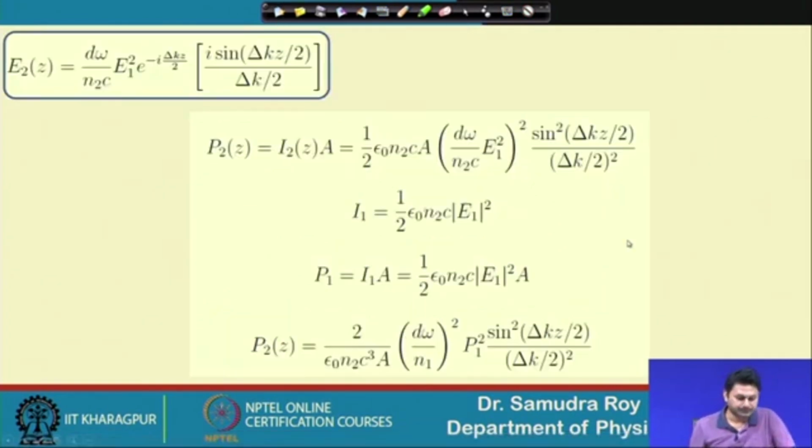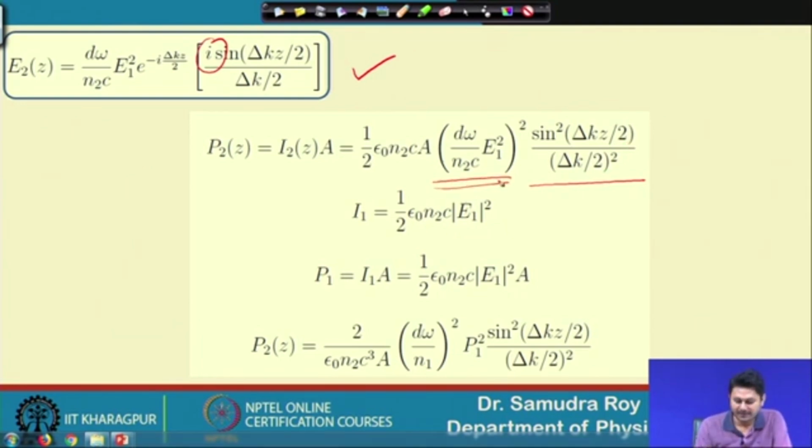So, E2 is what we have already calculated, and we just put this value here. Since it is a mod square, the i will get absorbed, so there will be no i, and we will have sine of delta k z by 2, and then delta k by 2 whole squared term, and this term is already there. So, we will have a square of that.